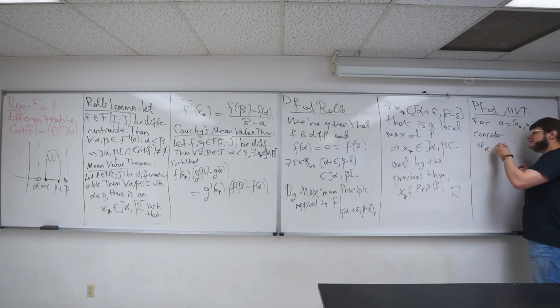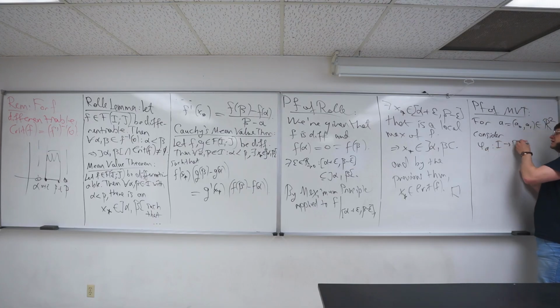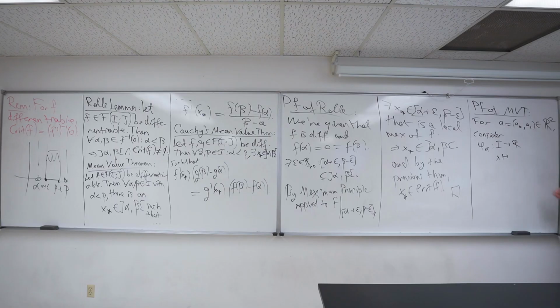Phi sub A from I into the reals takes an x and sends it to f of x plus A0 plus A1 x. So I started with f, and I'm adding to it an arbitrary degree 1 polynomial.